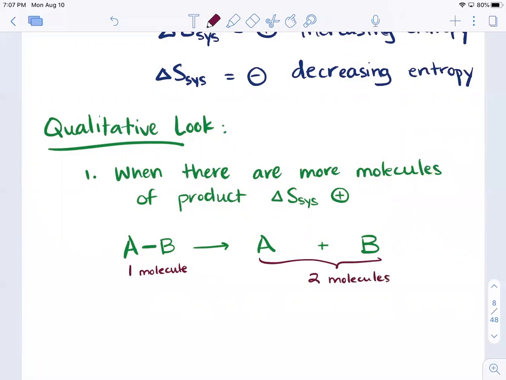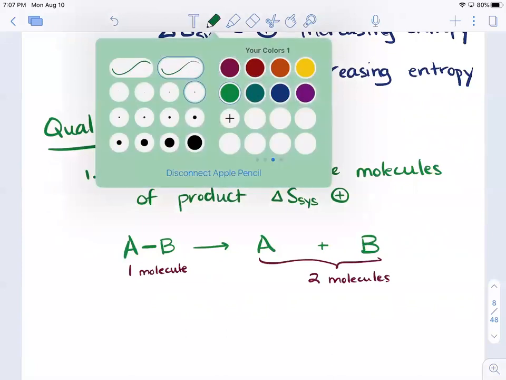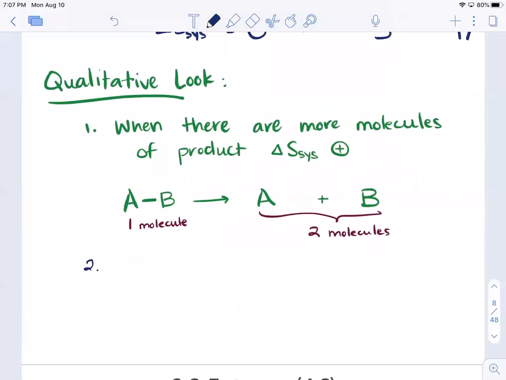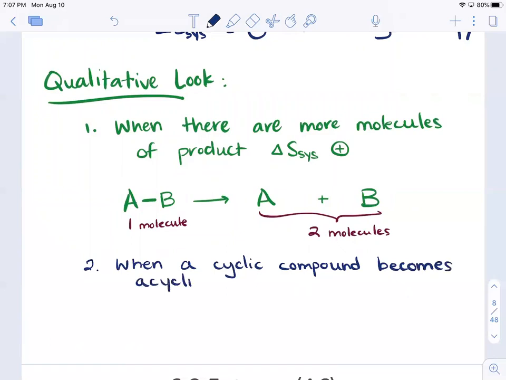I'm pretty sure we did that too in general chemistry. If not, no big deal. We now know. And the second factor that we can look at, this one you probably haven't seen: when a cyclic compound becomes acyclic, the delta S of the system is positive.